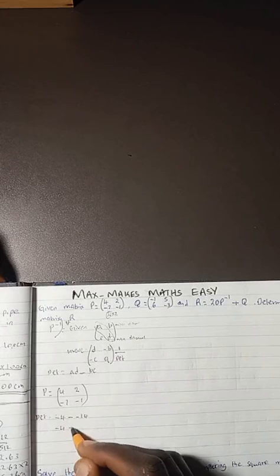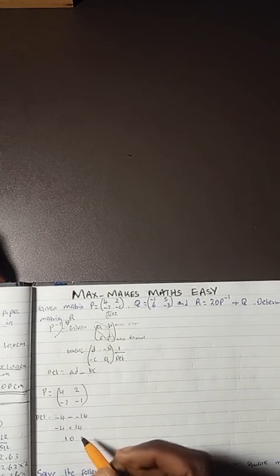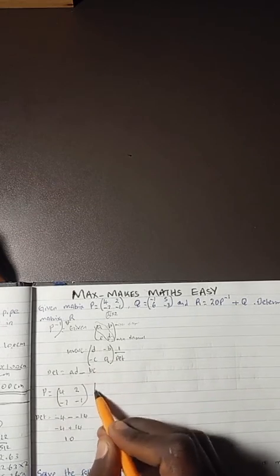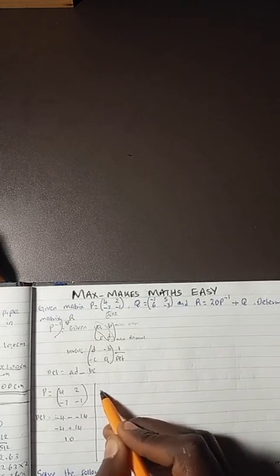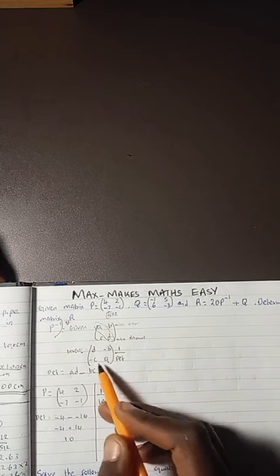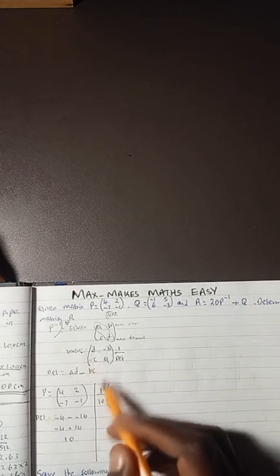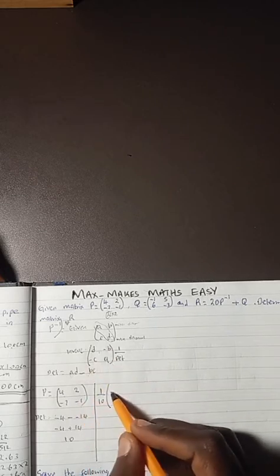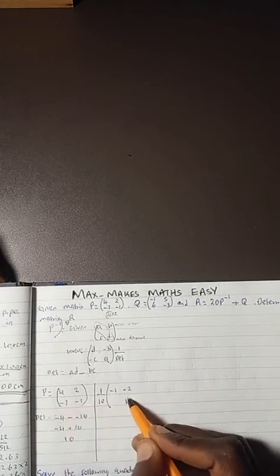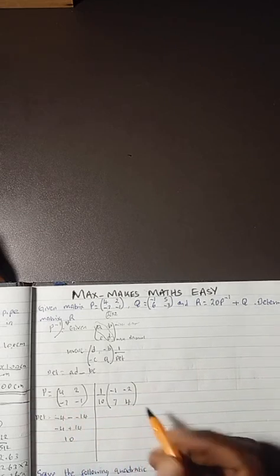So -4 plus 14 is 10. The inverse is 1 over the determinant, which is 10, multiplied by the matrix with the main diagonal interchanged, which gives -1, 4, and the signs of the minor diagonal changed, so -7 becomes +7.